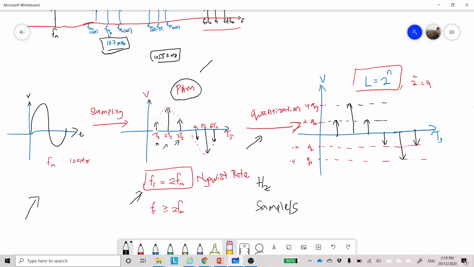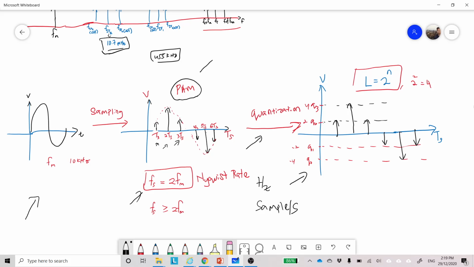Okay, so proses pembundaran ini sama ada kita naikkan sedikit ataupun kita kurangkan sedikit, bergantung kepada nilai quantized level yang terdekat. Okay, so dalam contoh saya ini, saya ambil ada 4 quantized level. So the level of quantization is depending on the number of bits that we used.